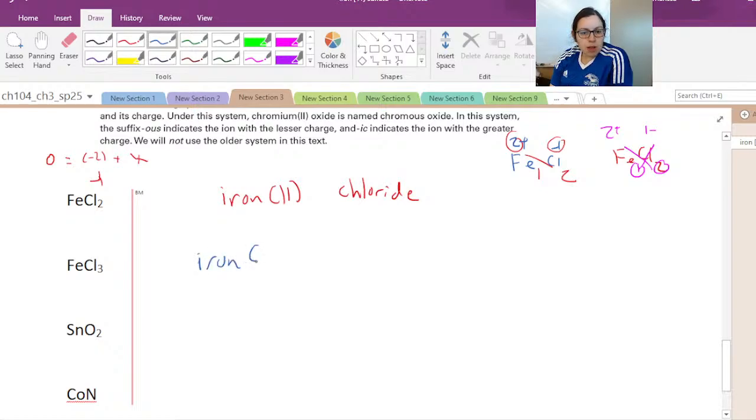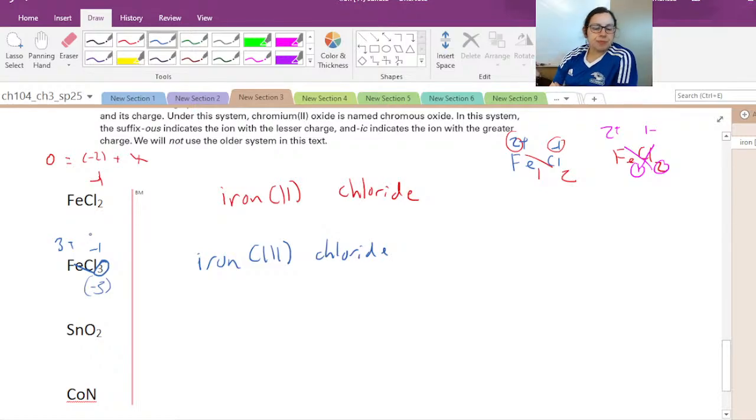Iron 3 chloride, looking good here. Right now 3 chlorines, so -1 times 3 gives us -3. So that's how we know we need a +3. Again, you could also think about doing reverse swap trick.